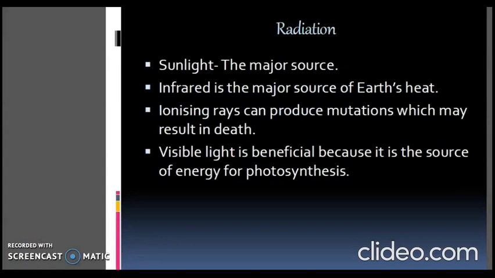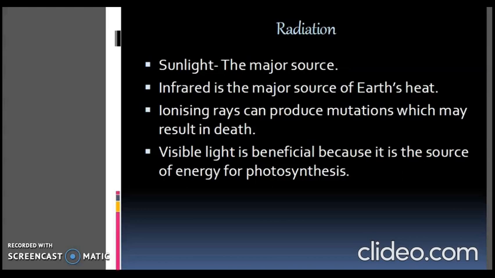The next factor affecting the microbial growth is the radiation. Sunlight is a major source of radiation on the earth. Visible region of sunlight is the most important aspect of the environment, which is essential for life to be sustained on earth. Infrared is a major source of earth's heat, and ionizing rays can produce mutations which may result in death.